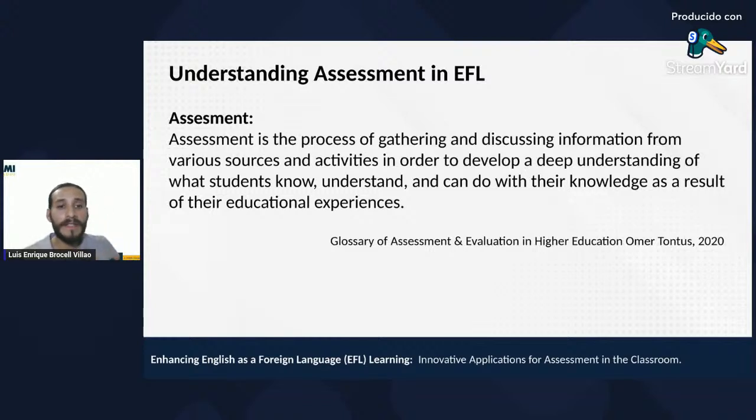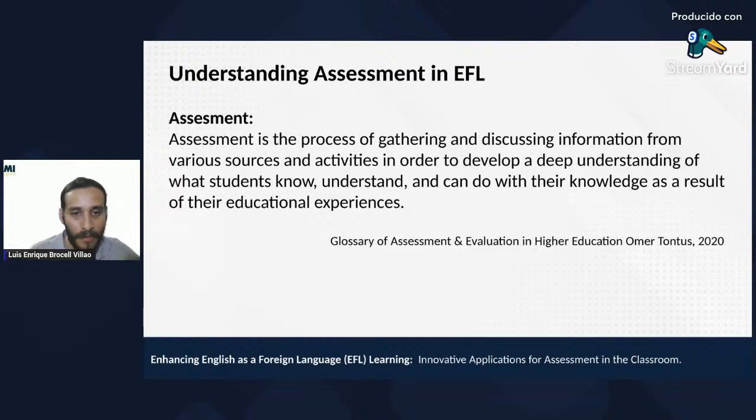We have understanding assessment in EFL. What is assessment? How do we assess a student? We have taken quizzes, we have taken tests, online surveys, and so on. But what is an assessment? According to this quotation, assessment is the process of gathering and discussing information from several sources and activities in order to develop a deep understanding of what a student knows.